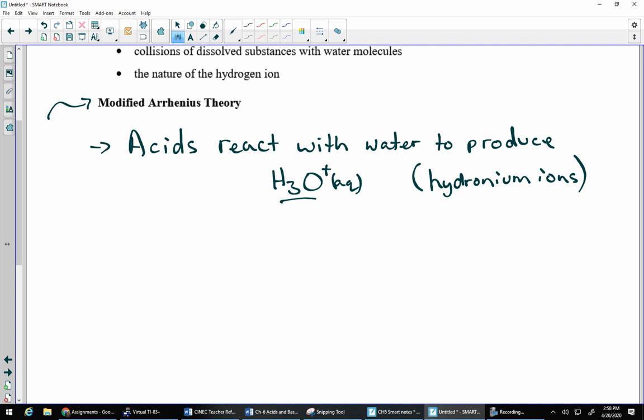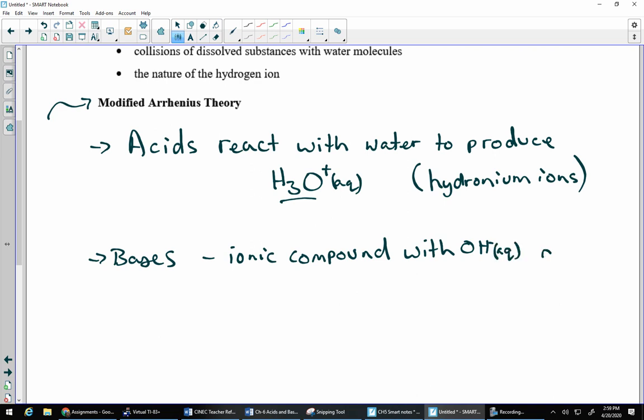That's acids. When I look at bases, we've got two things. We've still got ionic compounds with hydroxide ions, and they dissociate to make X plus and OH negative. I'm using X because there is no element X; it's just whatever random cation is out there.